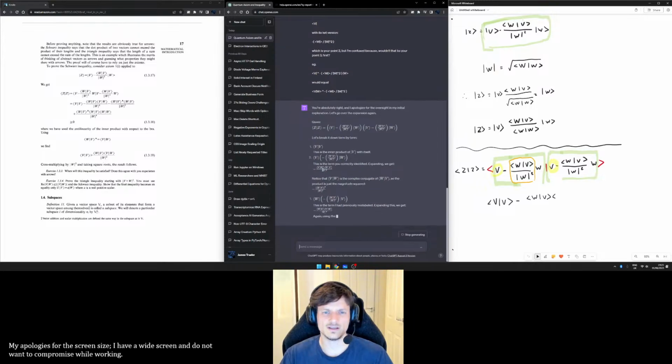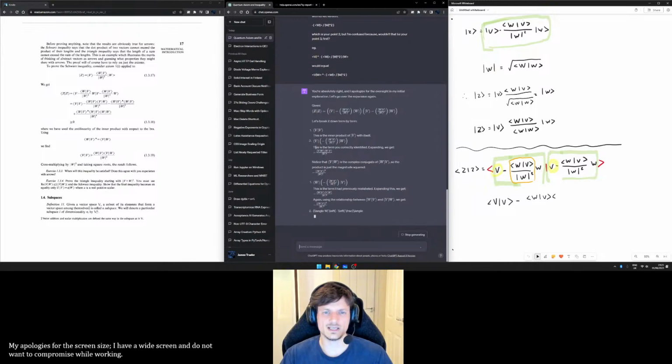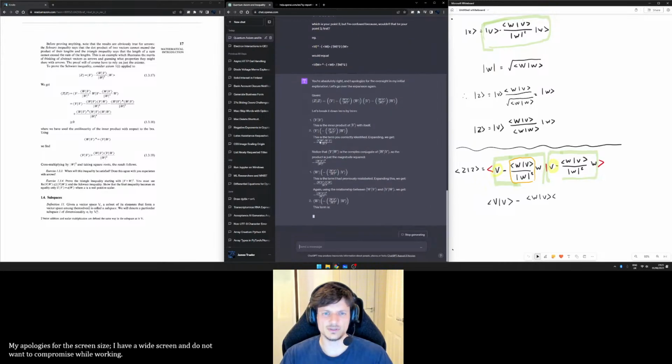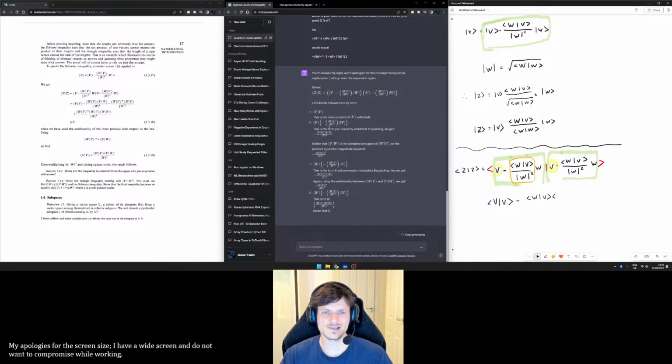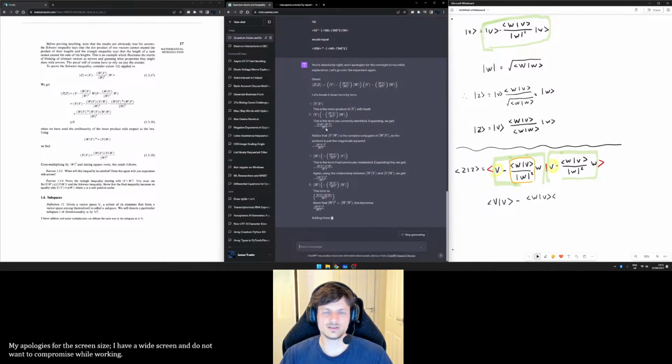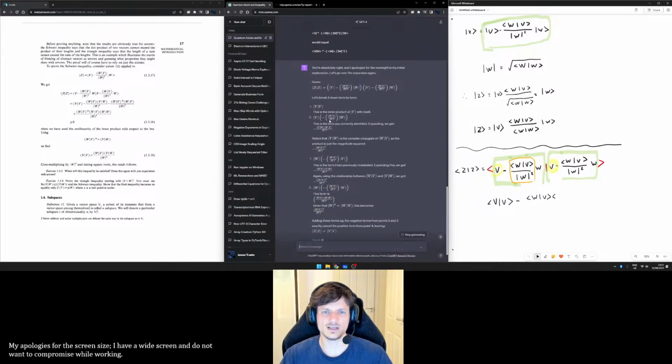We get V W, W V W, W V. Notice that V W, the inner product of V and W, is the complex conjugate of WV. So the product is just a magnitude squared.